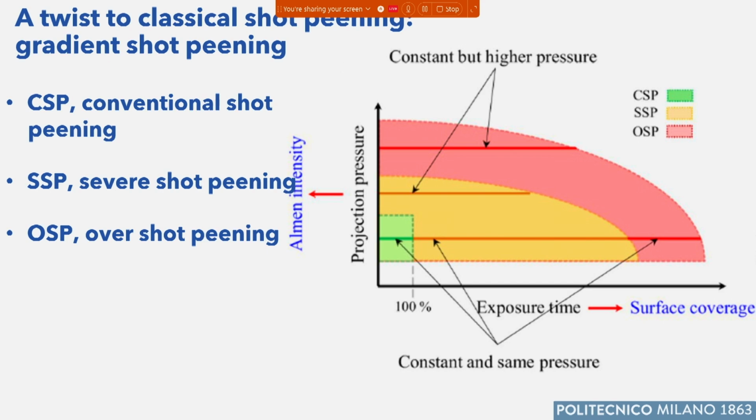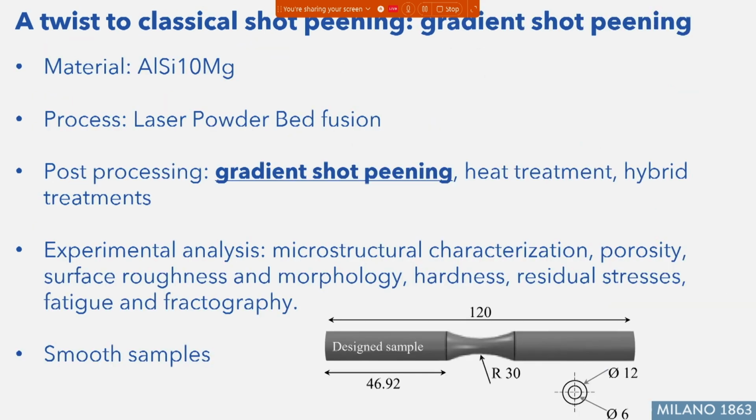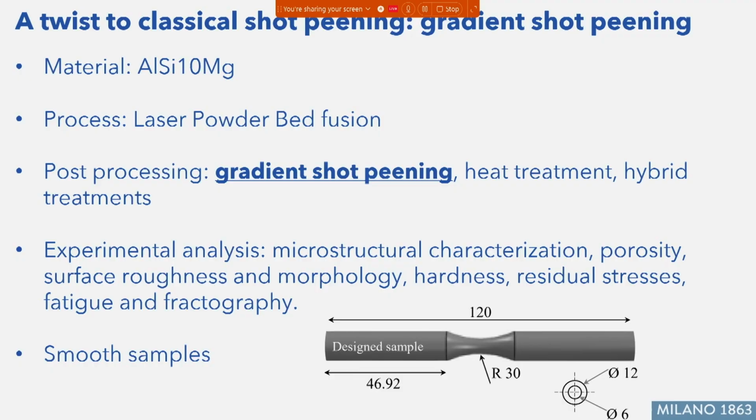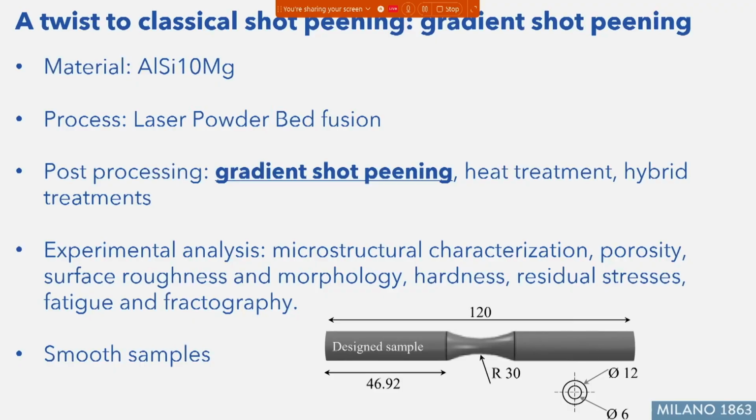Okay, this is done, and let's see what we have done. First of all, this is the theoretical part. Now let's see what. Okay, they are synchronized now. What we have done, and what is gradient shot peening.